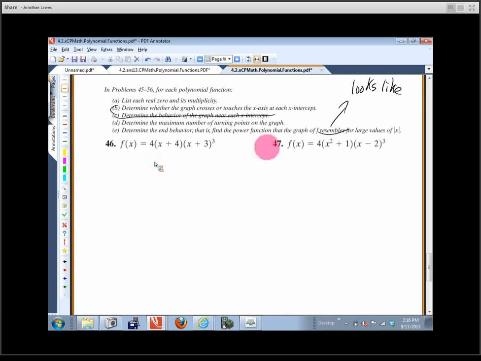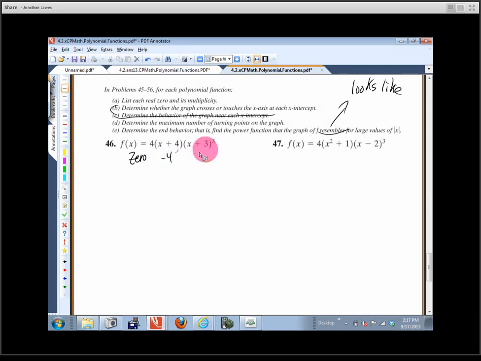Now, can somebody tell me something nice about 46 and 47? They're already factored. So if they're already factored, then it's really easy to look at it and figure out what the zeros are. What's the zero that comes from here? -4.